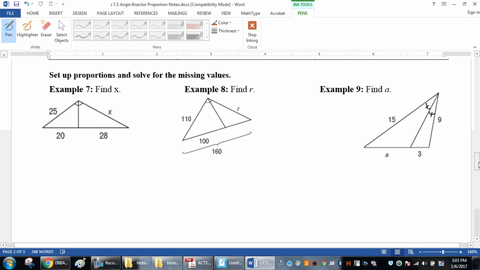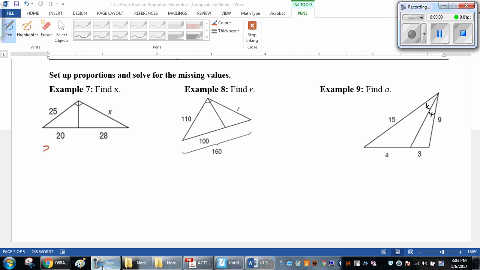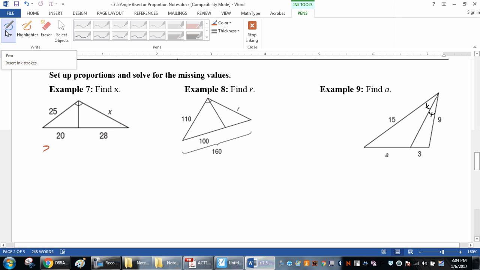So look at example 7. That's our angle bisector, 25. So we have 25 over the piece, 20, equals x, the side, over 28.